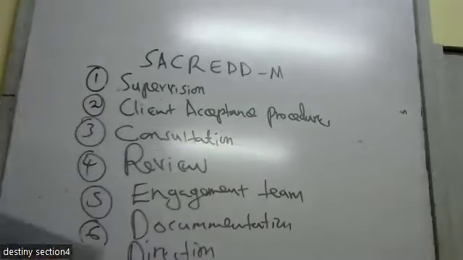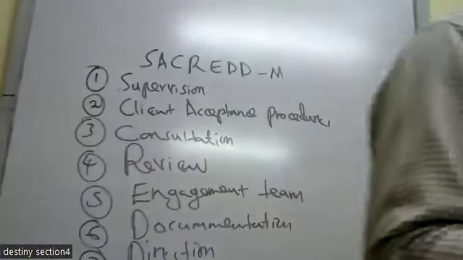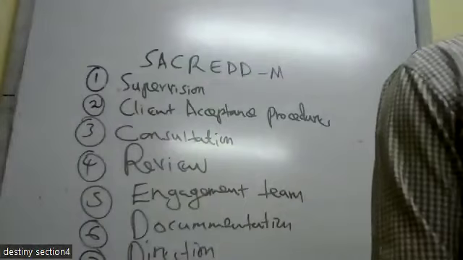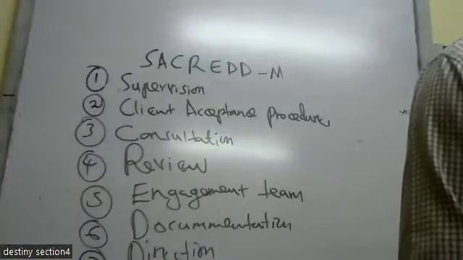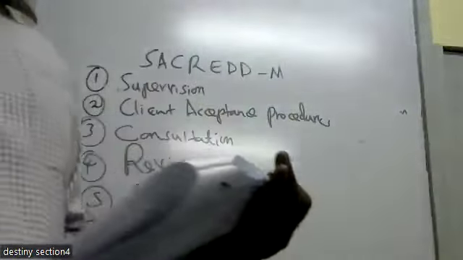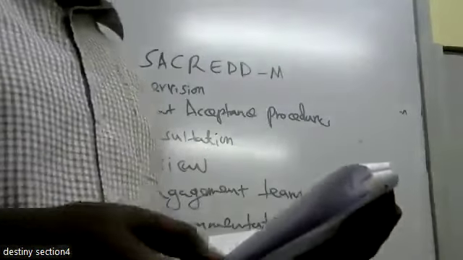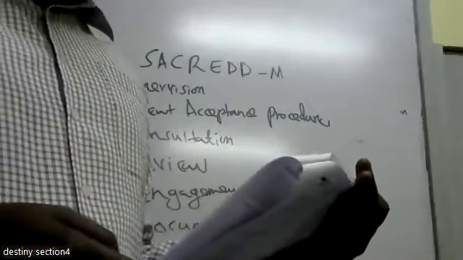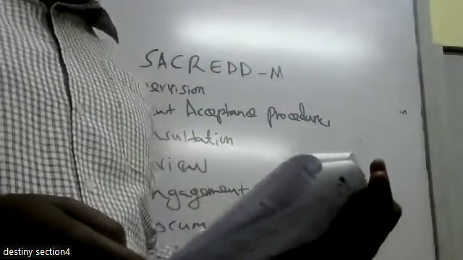We go to direction. People must be directed, must be given deadlines. So the number 3 there, direction. The engagement team should be directed by the engagement partner and the audit senior. The engagement planning meeting should take place in which the members of the team are informed of the following.